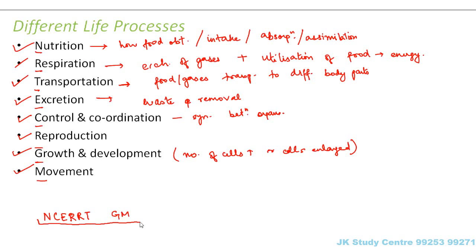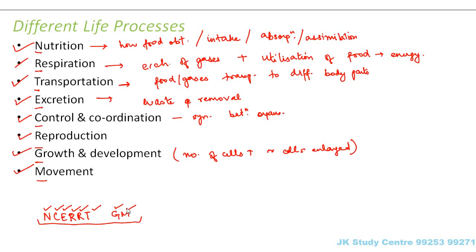This is an abbreviation of the first terms. N is for nutrition, C is for control and coordination, E for excretion, R for respiration, R for reproduction, T for transportation, G for growth, and M for movement. So you can remember this NCERT GM. With this you can remember the names of the different life processes.